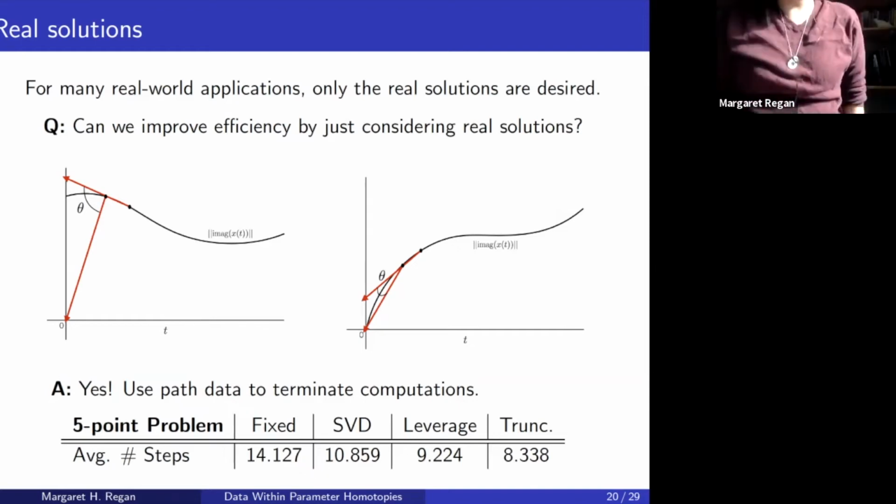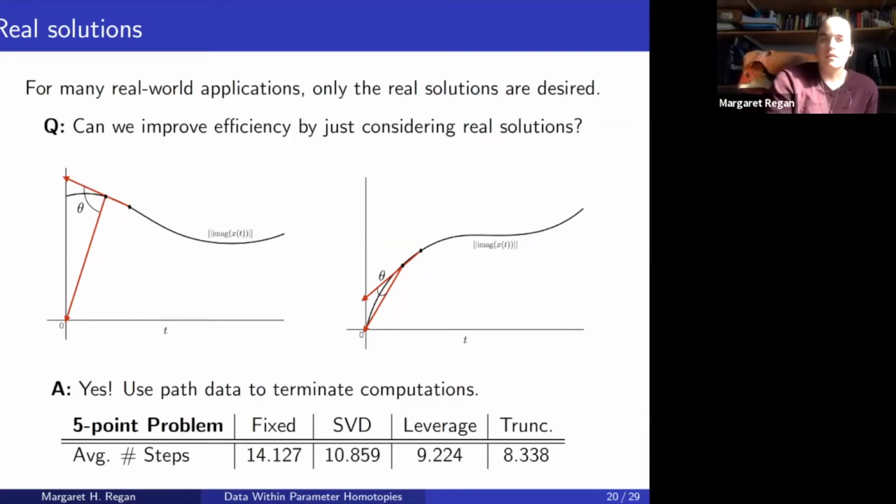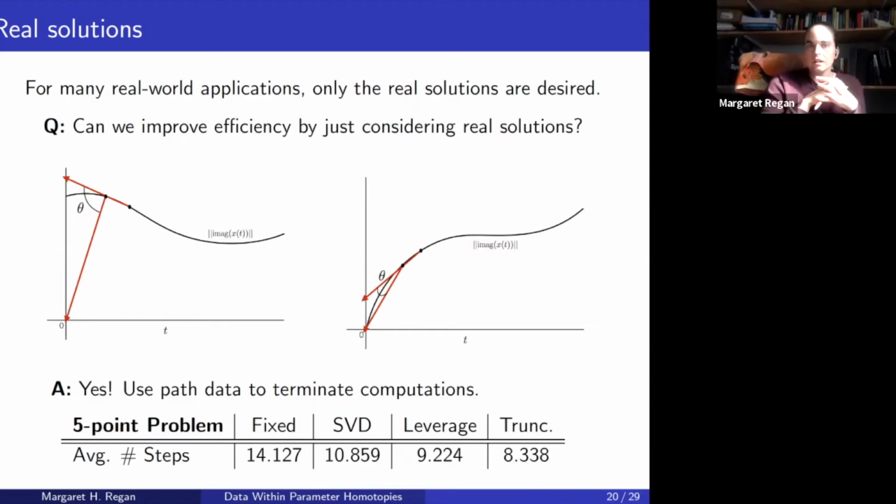So this is something I mentioned earlier, is that we only care about real solutions when we're talking about these real world application examples, right? And so is there any way to use the path data to not only create this randomization, but also to determine whether or not a solution is real, right?